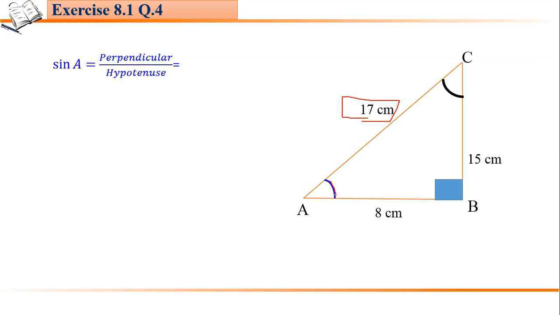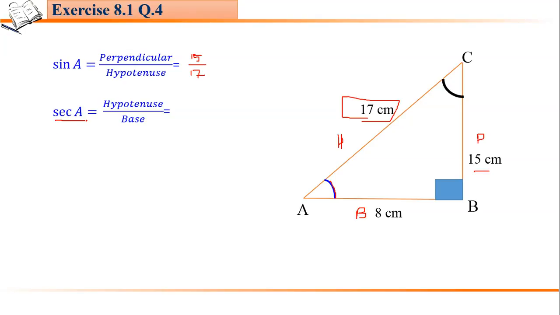This is our angle A, so the side opposite to it is the perpendicular, this is our base and this is our hypotenuse. The perpendicular here is 15 and hypotenuse is 17. So sine A is equal to perpendicular upon hypotenuse, that is 15 divided by 17. This is the value for sine A.